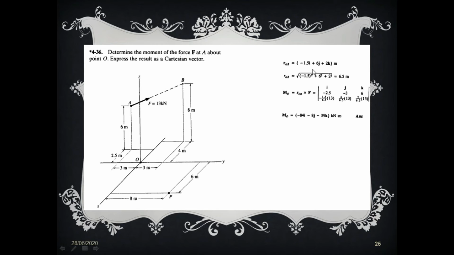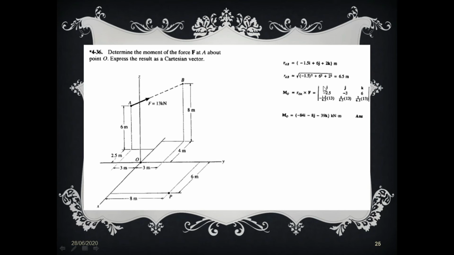Minus becomes plus, so it becomes minus 6.5... as written, minus 1.5. Similarly, j will be plus 6j plus 2k. Now we also want the mod of rAB. So the mod of this rAB will be minus 1.5 the whole square plus 6 the whole square plus 2 the whole square. So rAB comes out to be equal to 6.5 meters.